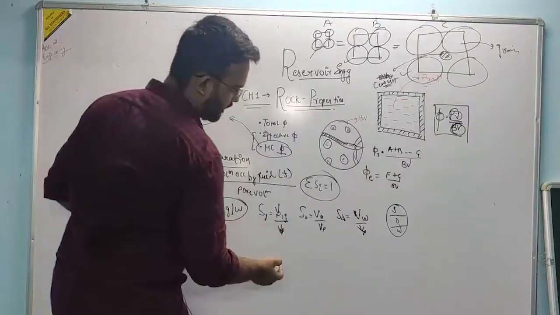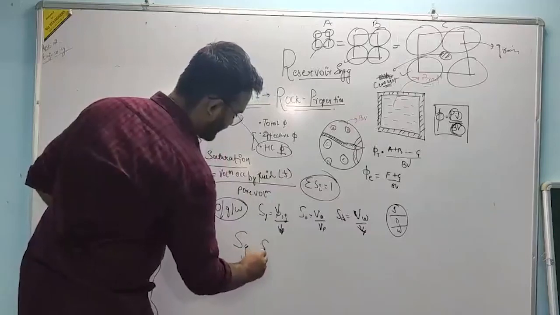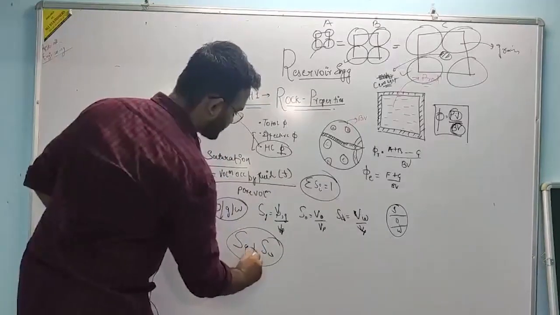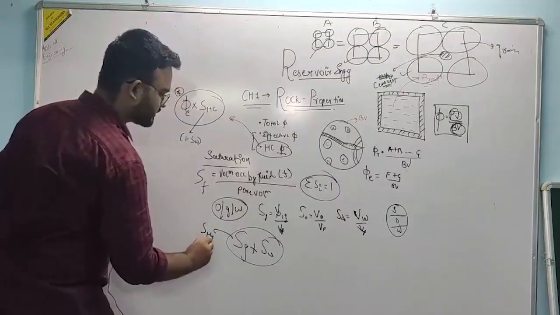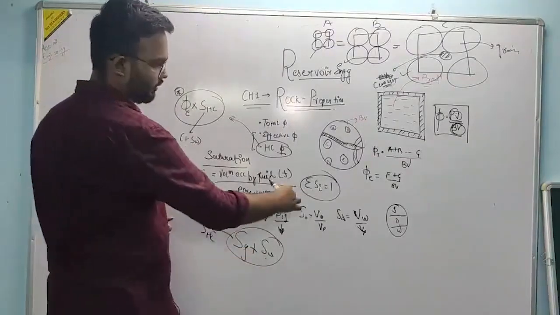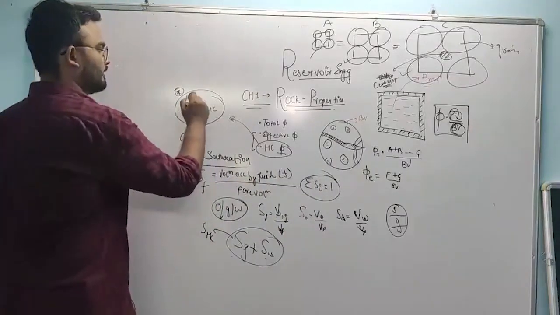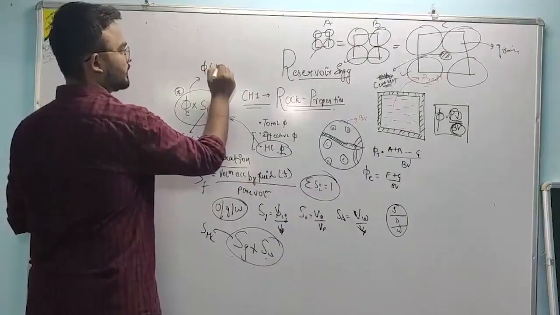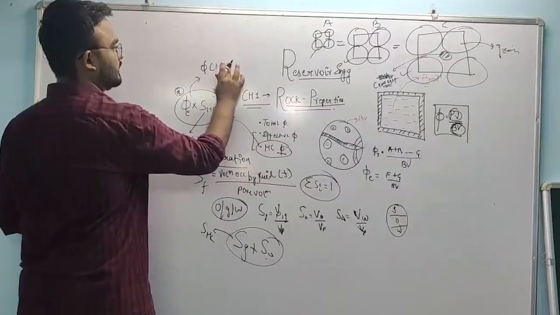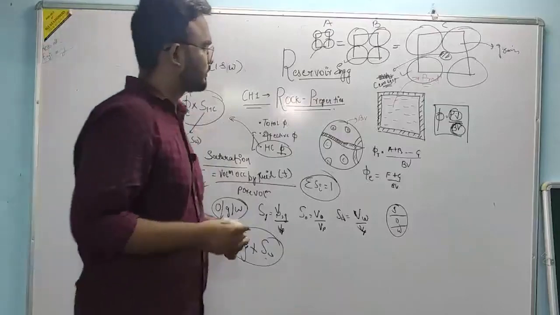Sg and So can be together called SHC, since gas and oil are both hydrocarbons. So 1 minus SW gives you SHC. So it is phi multiplied by 1 minus SW as well, right? So this is hydrocarbon porosity.